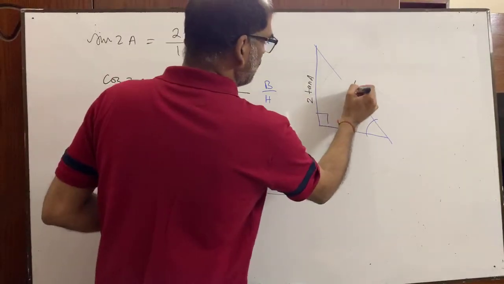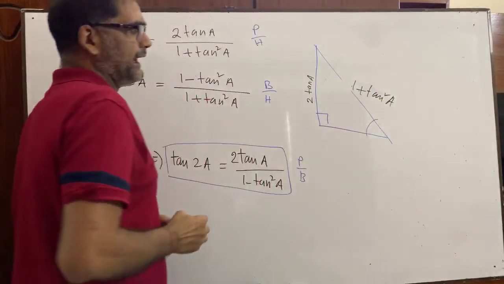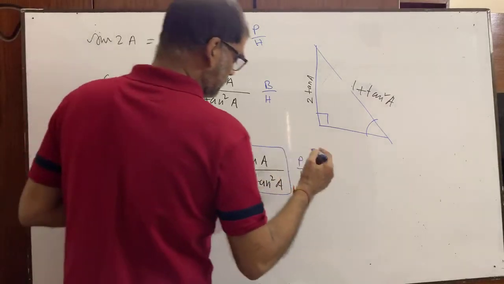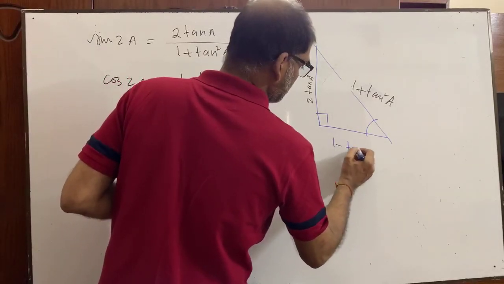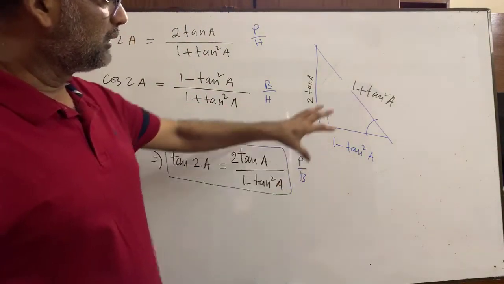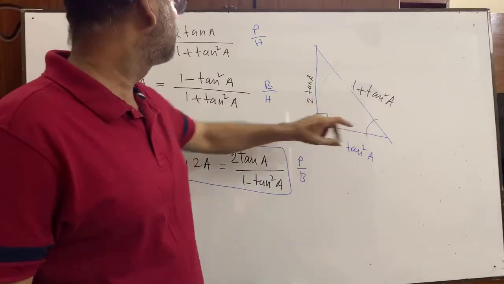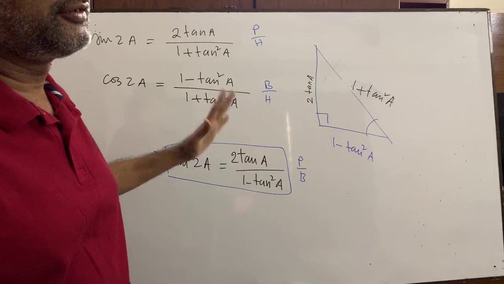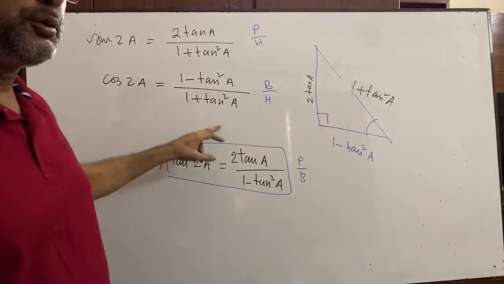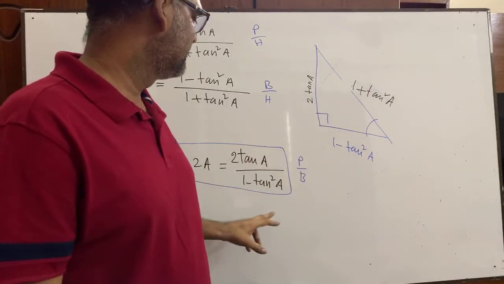You write down 1 plus tan square A is the hypotenuse. And what is the base here? Here base is 1 minus tan square A. You see from this figure, in case of sine, perpendicular by hypotenuse. For cosine, base by hypotenuse, and for tangent, perpendicular by base.